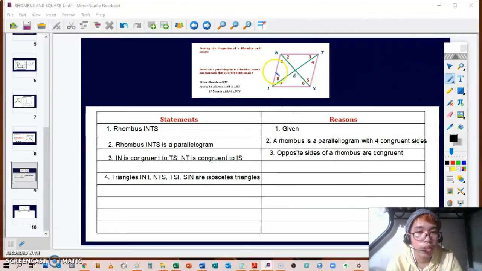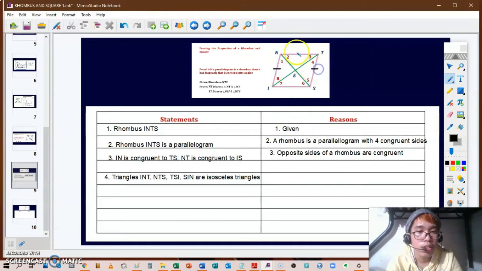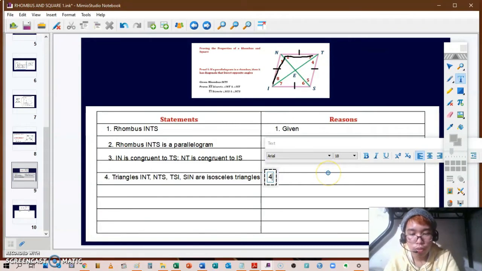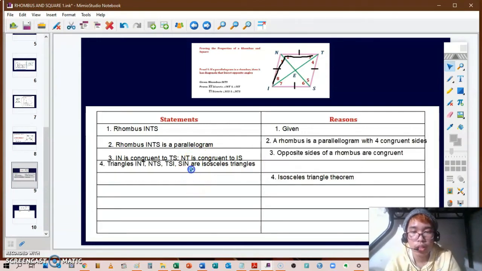Because this side is congruent to this side, and this side is congruent to this side. So we have triangle INT, those are congruent. NTS, those are congruent. TSI, those are congruent, and SIN, those are congruent. So we can write here for number 4, isosceles triangle theorem, because they are isosceles triangles.